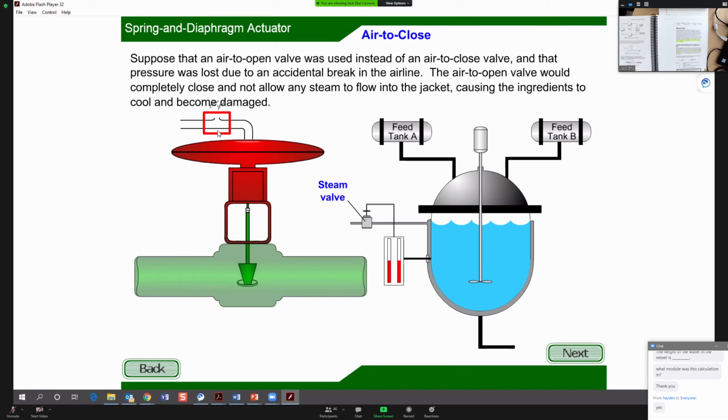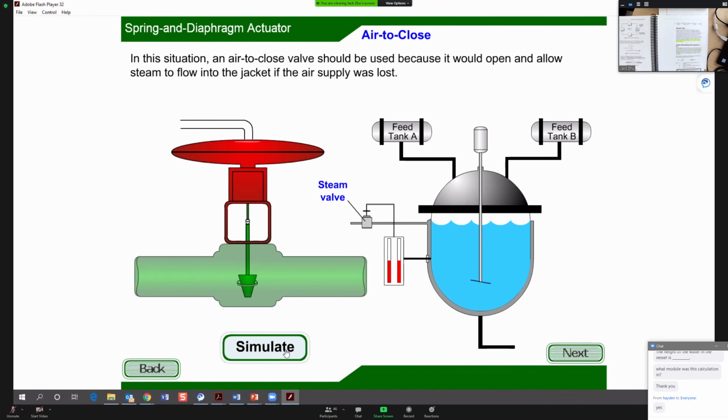So if there's an opening down there, you use air to close, so there's going to not be a lack of steam in there. You're going to damage that otherwise. So if you have a leaking air pipe, the valve is fully open, so the steam can still get in there to heat the ingredient up.